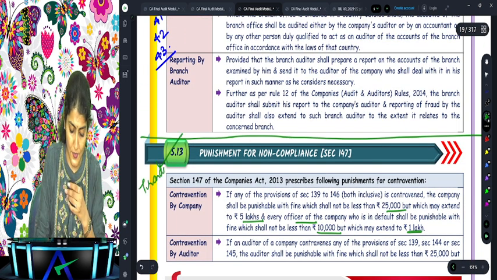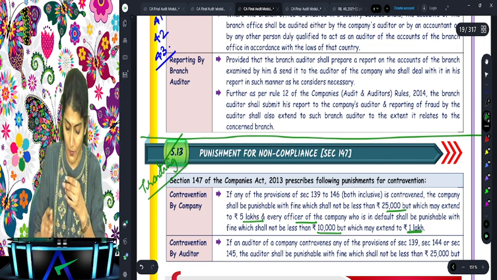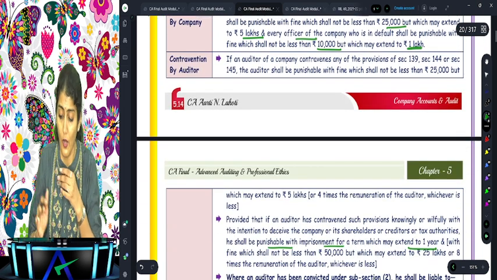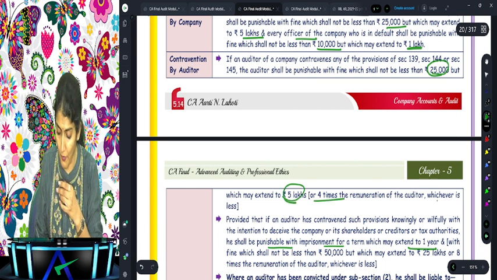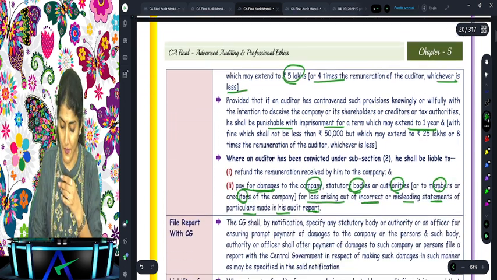Right, now this is trending in the exam, right? So contravention by the company, contravention by the auditor, 25,000 to 5 lakh or 4 times of the remuneration, whichever is less.